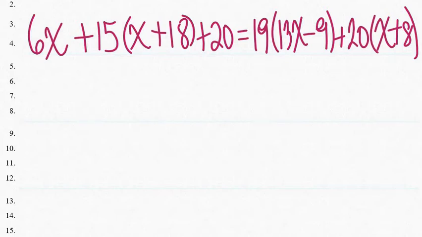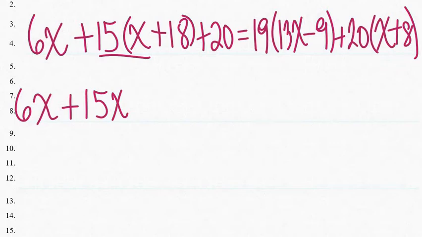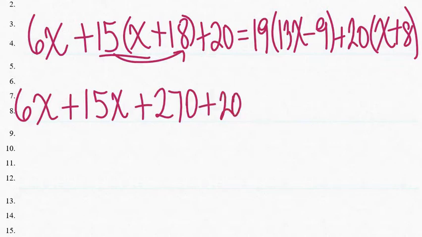So let's go ahead, I'll rewrite the 6. We better start way over here. So 15 times x plus 15 times 18, which is going to be 270, I believe, plus 20. And I don't know if we're going to have enough room.